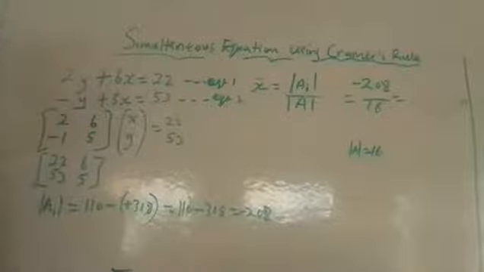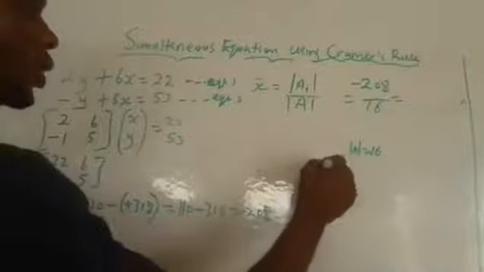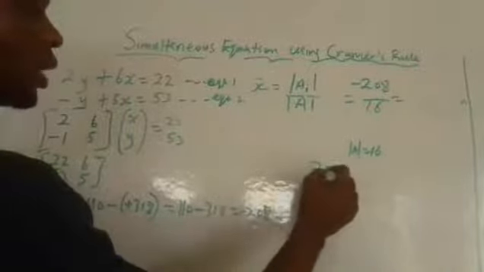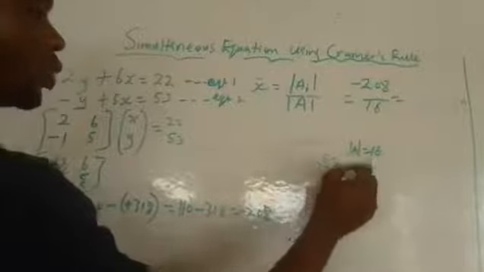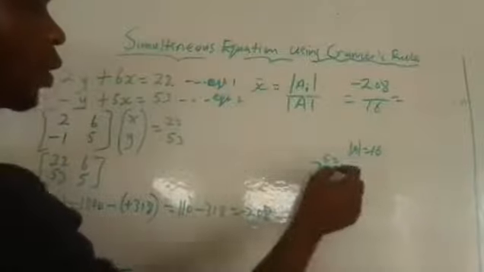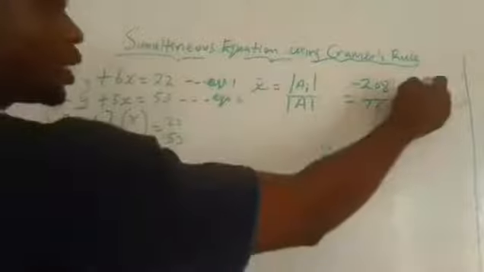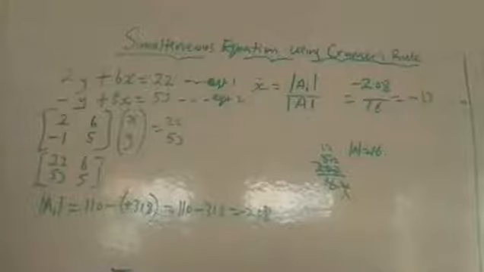What is going to be the answer? Let's quickly do that: 208 divided by 16 gives 13. So our answer is minus 13. It means our value for y is minus 13. Can you get it?